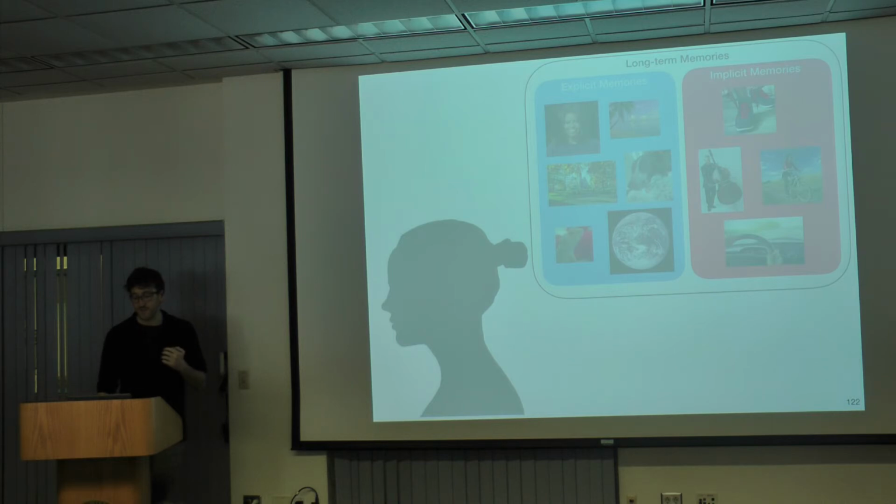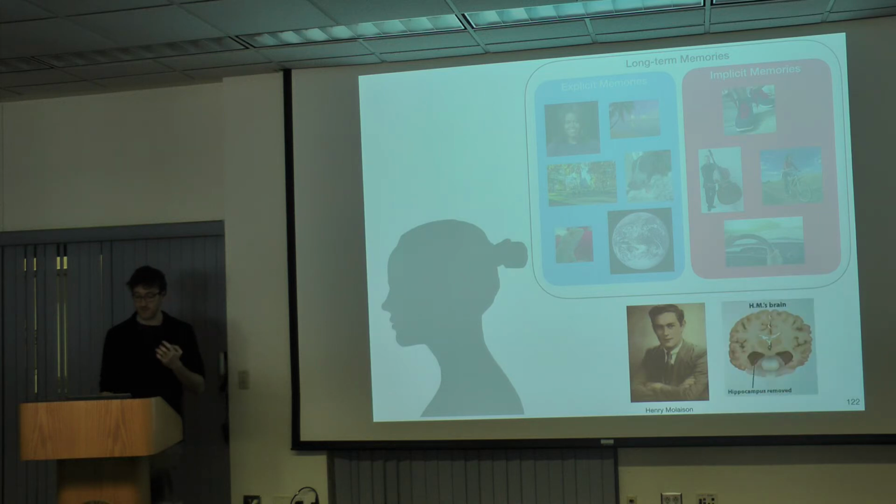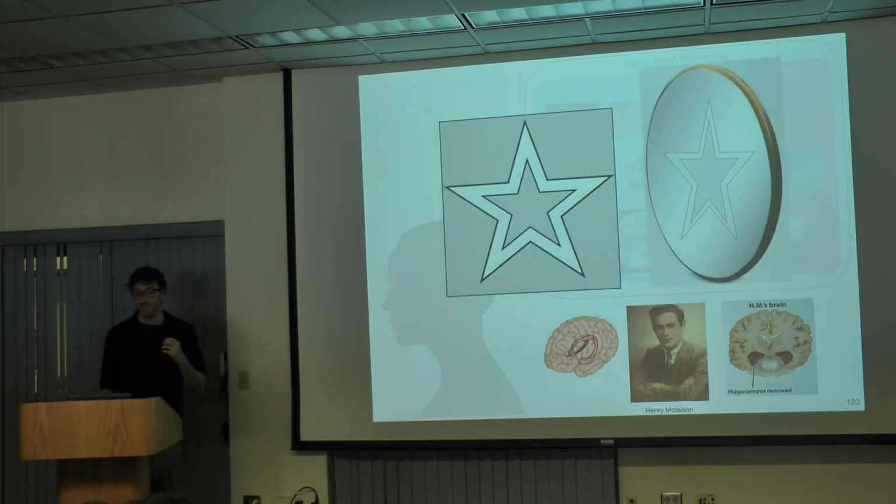And the main reason we know about this particular distinction is because of this guy, Henry Molaison. He had these debilitating seizures, so doctors decided to remove a chunk of his brain. And while this did fix his seizures, after that he wasn't able to form new memories. However, they ran a lot of experiments.